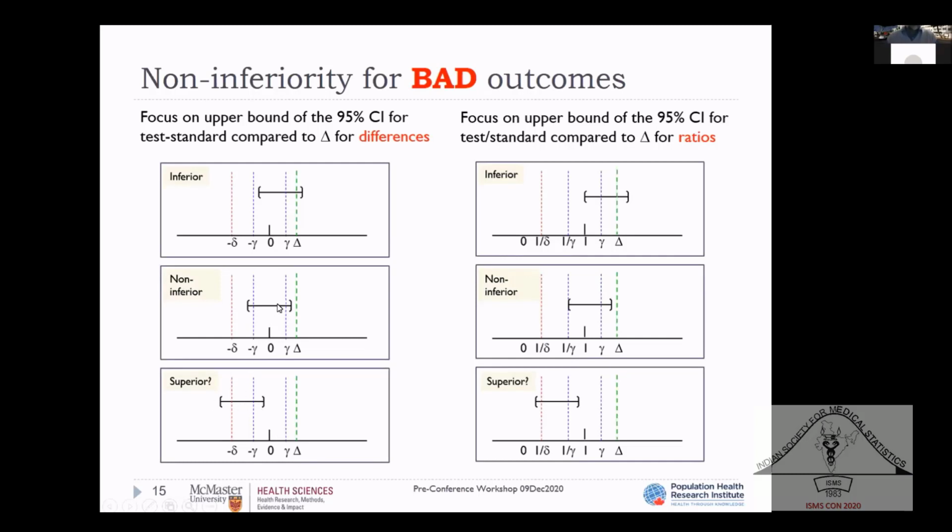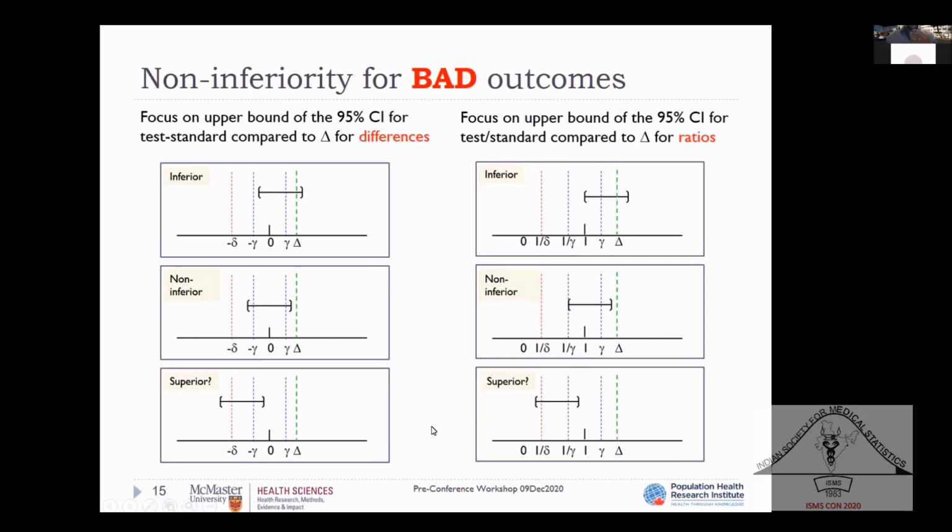But it would be non-inferior if the upper bound of the confidence interval doesn't go beyond plus delta, okay? And so you're focusing on this side of the difference. If it goes beyond that, it is then considered to be inferior. And similarly for ratios, this would happen.